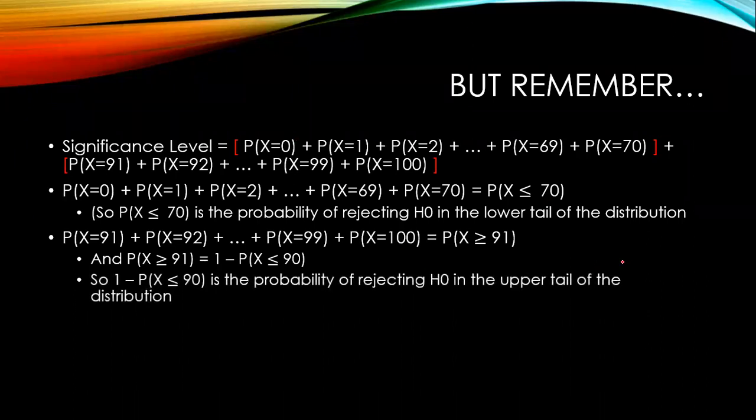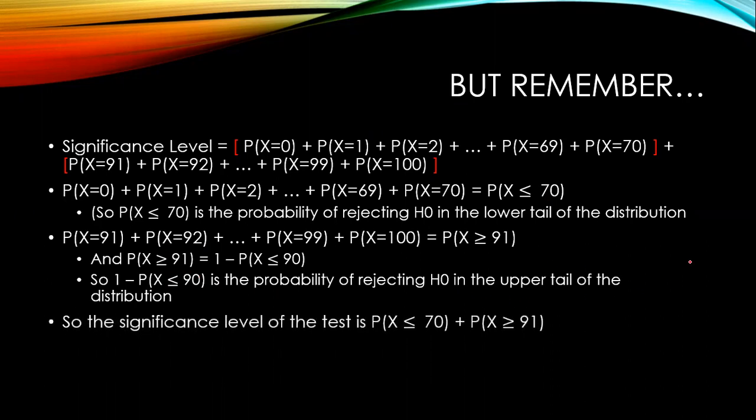Again, 1 minus the probability that you get 90 or fewer successes is the probability of rejecting H0 in the upper tail of the distribution. So the total significance level is the probability that you get less than or equal to 70 successes, plus the probability that you get more than or equal to 91 successes.